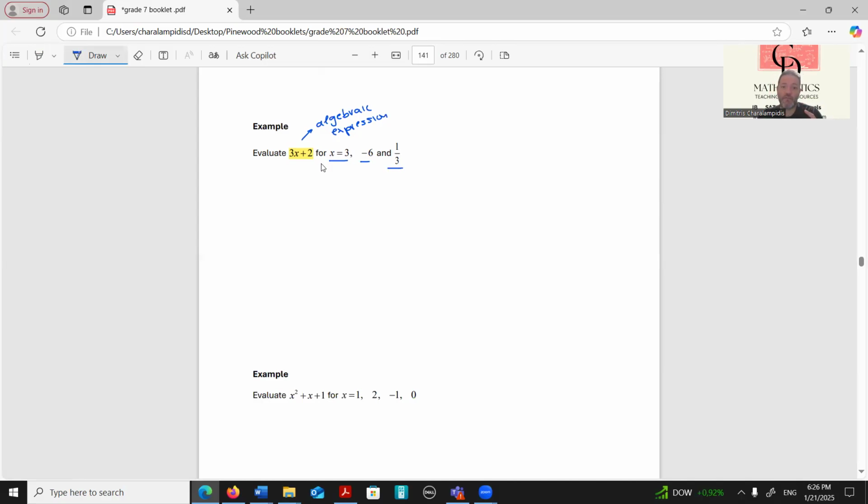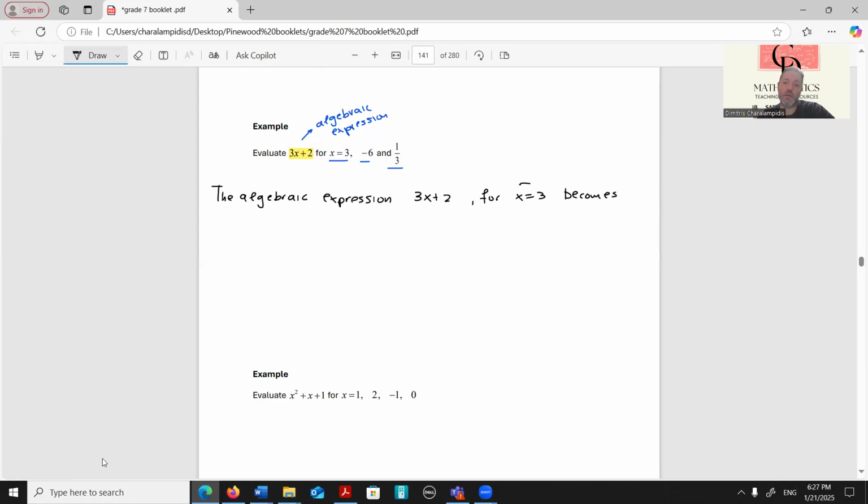Remember, how did I define the numerical value of an algebraic expression? I said before that numerical value is the result produced if we substitute on the letter of the algebraic expression a specific number. So in this case, the algebraic expression 3x plus 2 for x equals 3 becomes, what should I do?